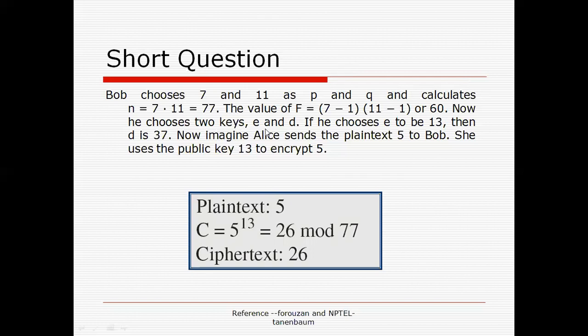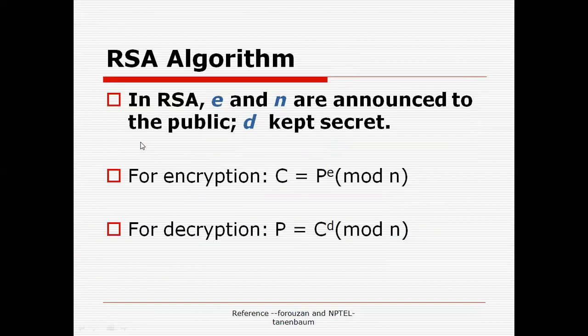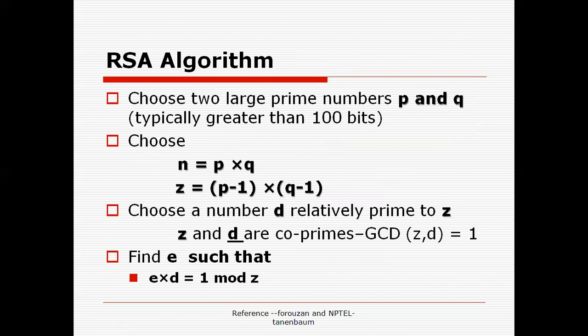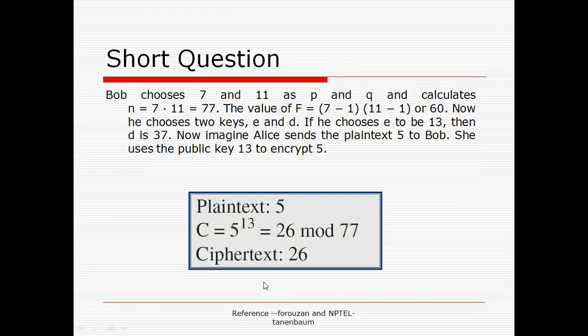Now he has to choose two keys, E and D. If he chooses E equal to 30, then we have to calculate the value of D. You cannot directly choose the value of D, so we calculate D with the help of this formula: E into D should be 1 mod Z.